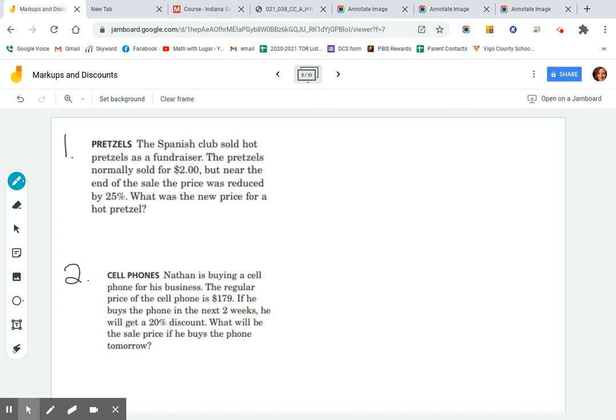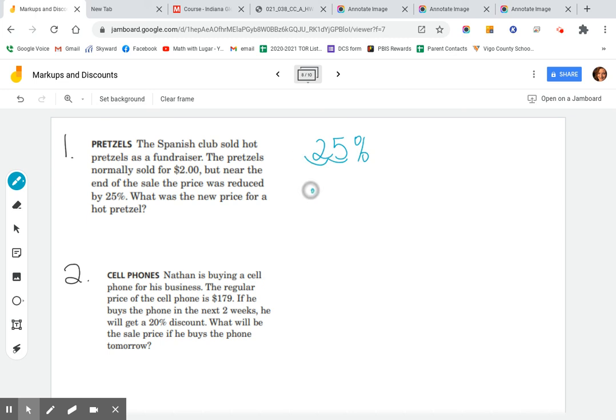First example. The Spanish Club sold hot pretzels as a fundraiser. The pretzels normally sold for $2, but near the end of the sale, the price was reduced by 25%. What was the new price for a hot pretzel? So I'm going to take my 25% and change it to a decimal.